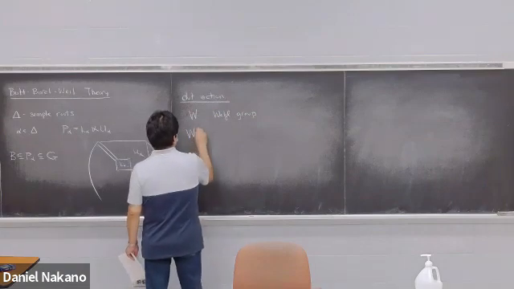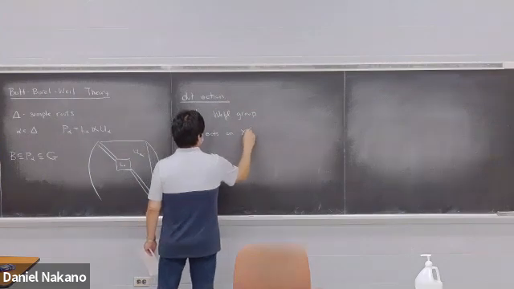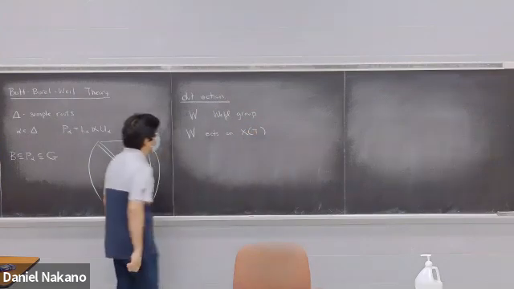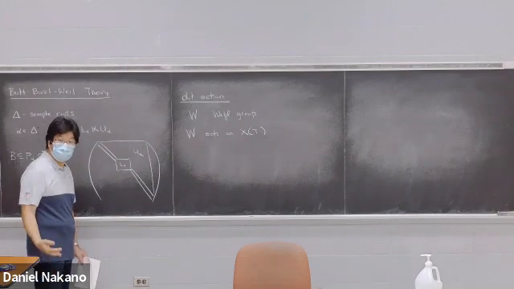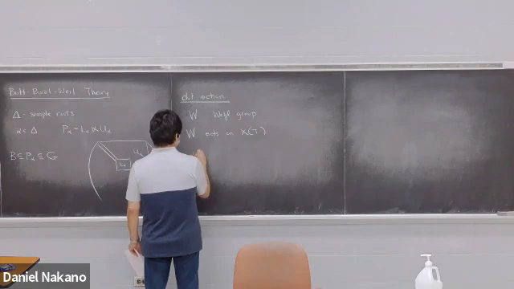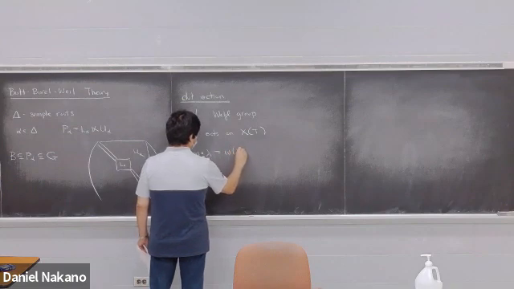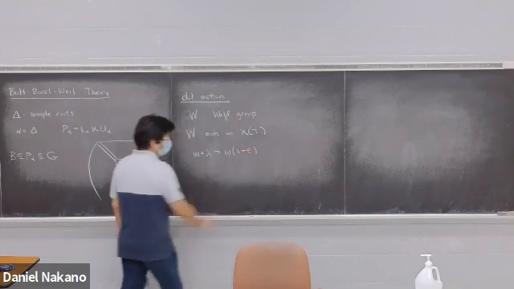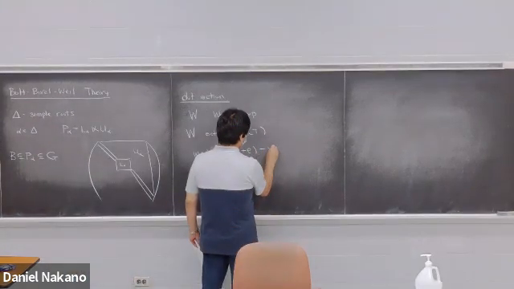So W acts on the integral weights X of T. Now we're going to shift the action. The dot action is the following: W dot lambda is equal to the ordinary action on lambda plus rho, and then we subtract off rho from that.